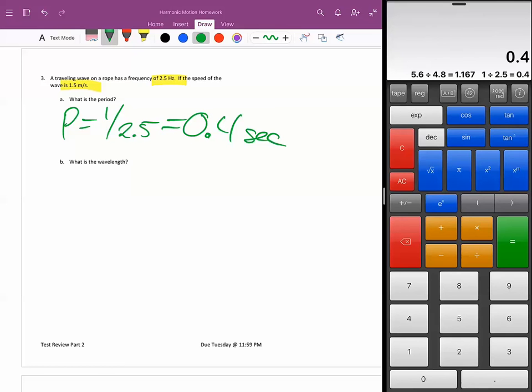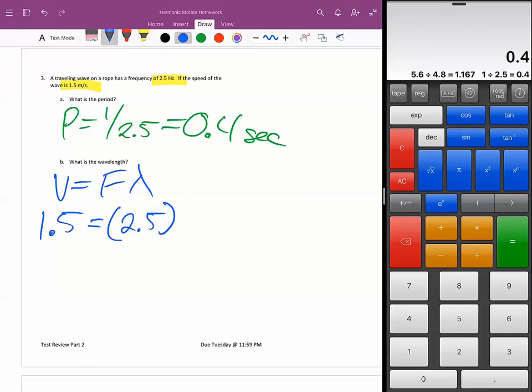Now, in regards to the wavelength, you have speed equals frequency times lambda. Your speed is 1.5, frequency is 2.5, wavelength unknown.